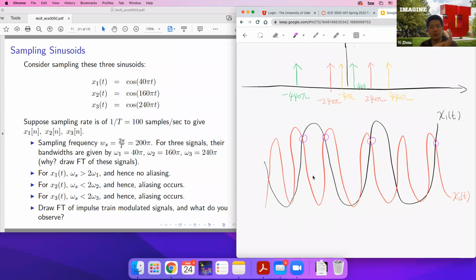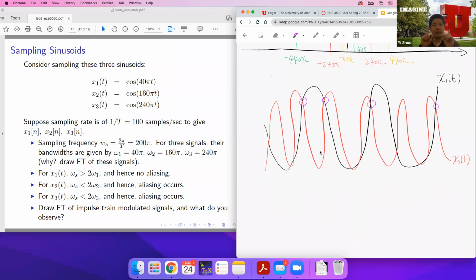And this goes back to our original discussion at the beginning of this lecture, where, if we are given a discrete signal, then we can draw infinitely many candidate continuous-time signals that interpolate all these discrete samples, right?